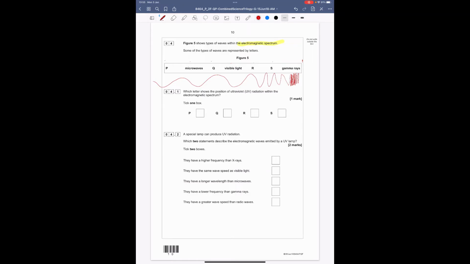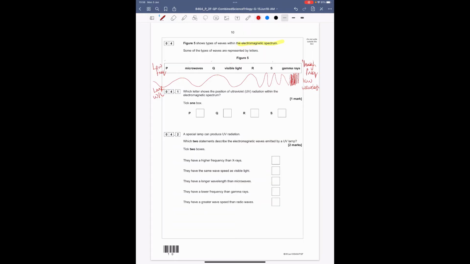So gamma rays are high frequency, low wavelength or short wavelength. And then over here we have a low frequency and a large or a long wavelength.